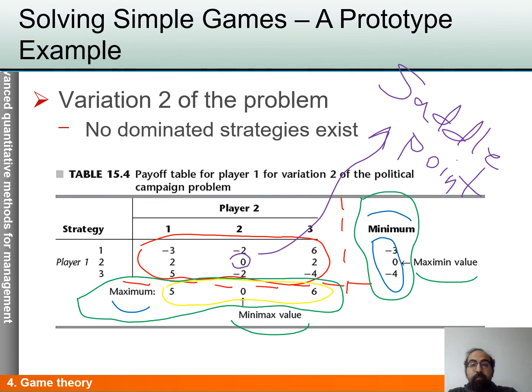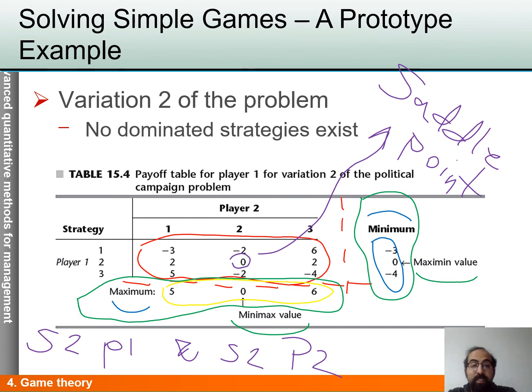This saddle point means there is a pure strategy, strategy 2 of player 1 and strategy 2 of player 2, that is the point of the solution, and the value of the table is 0.